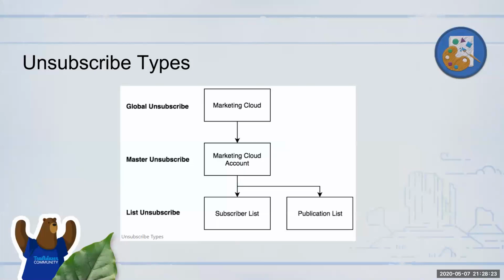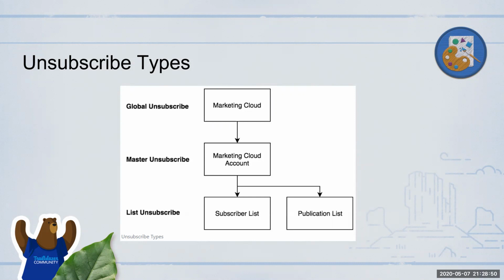Okay. So let me come to unsubscribes. This is also quite important. You need to understand the different types of unsubscribes that can happen in Marketing Cloud. There are 3 major types: global unsubscribe, master unsubscribe, and list unsubscribe. Global unsubscribe happens outside your account as well.